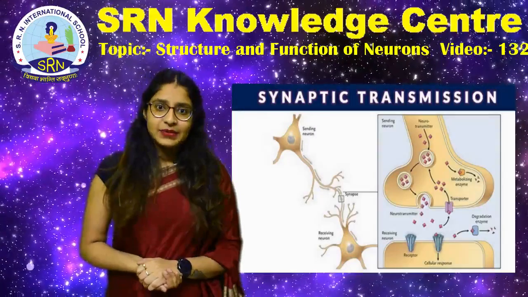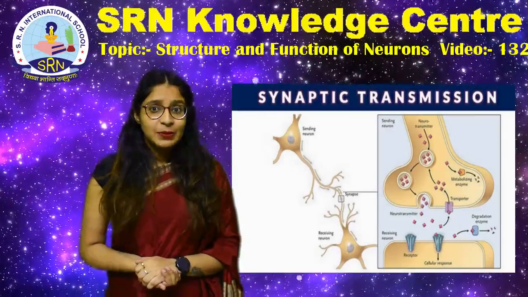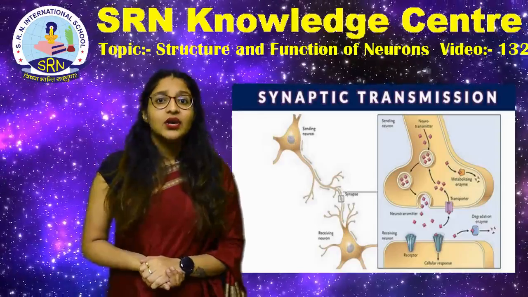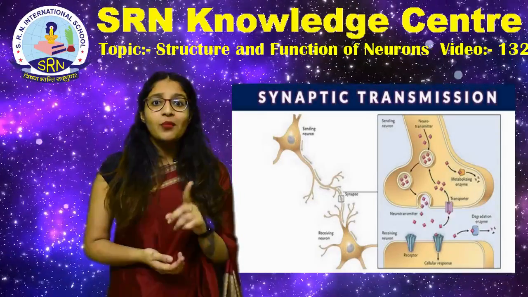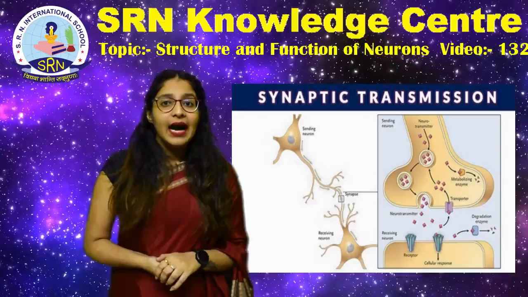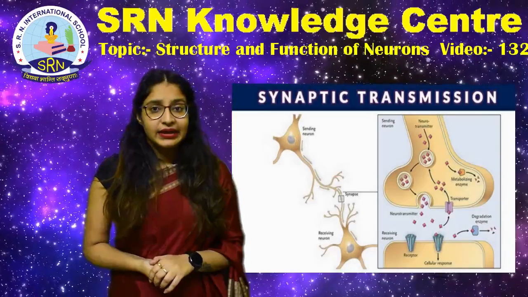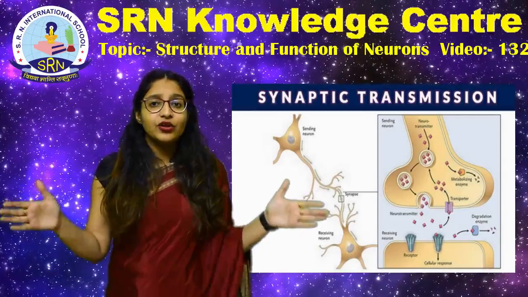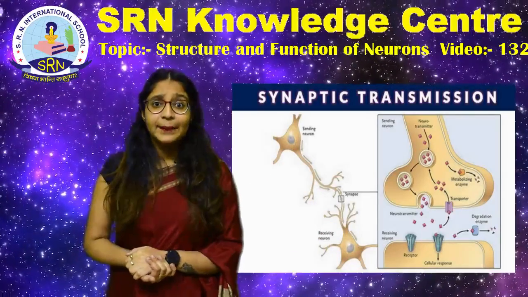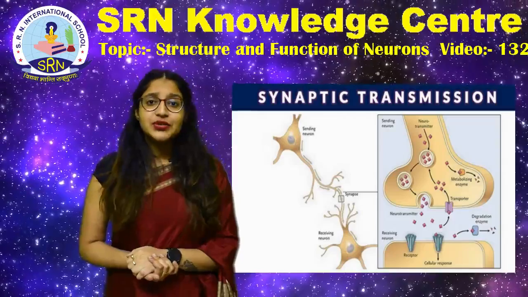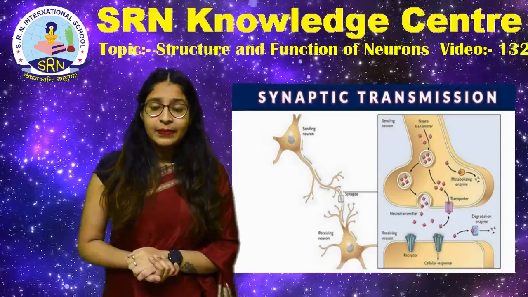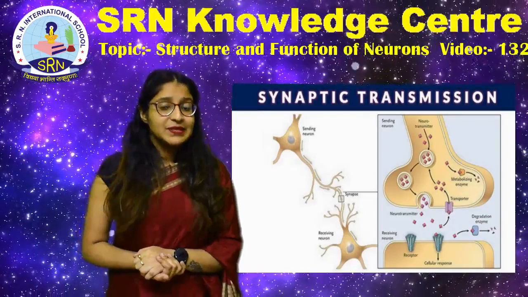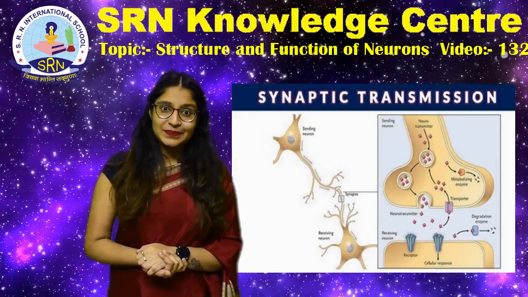Now, what is a synapse? The information is transmitted from one place to another within the nervous system in the form of a neural impulse. A single neuron can carry a neural impulse up to a distance covered by the length of its axon. When the impulse is to be conducted to a distant part of the body, a number of neurons participate in the process.